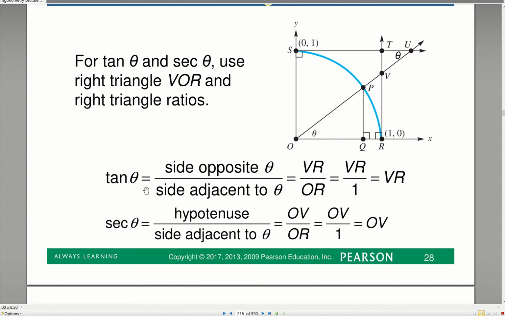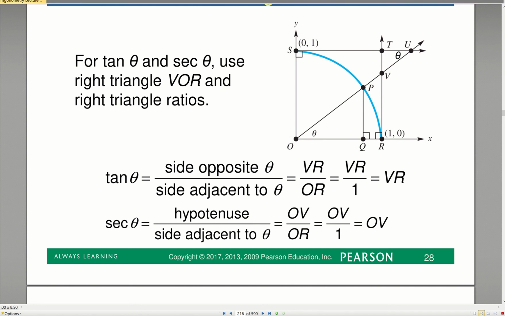So notice that in the triangle OVR, the tangent of theta is going to be side opposite, which is VR, over the side adjacent, which is OR. But as we know, OR is 1. That's why we just get VR for the tangent of theta.